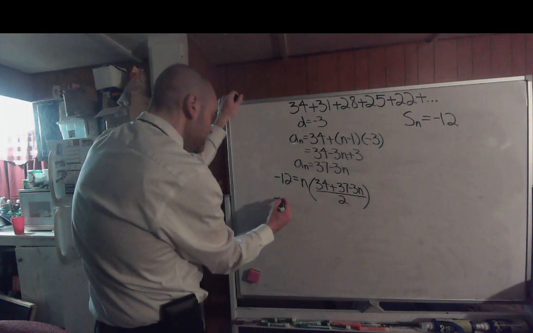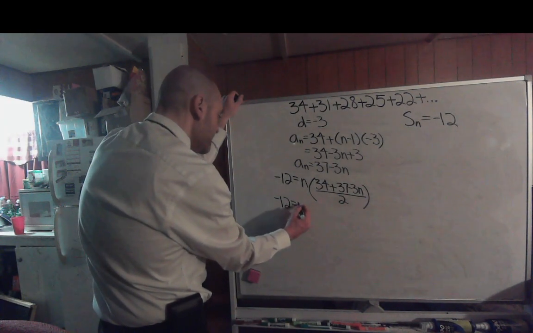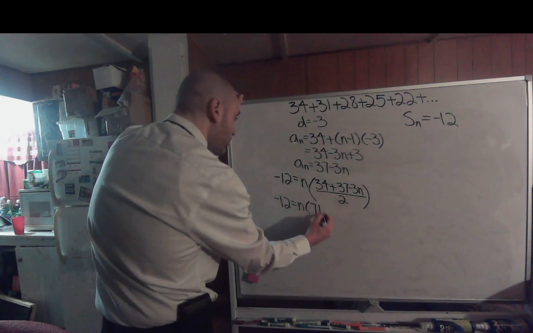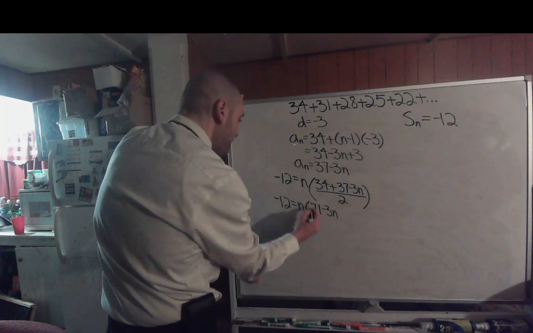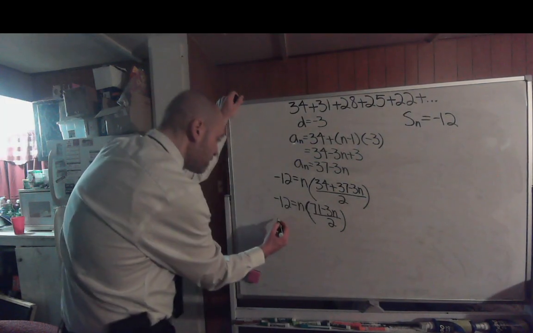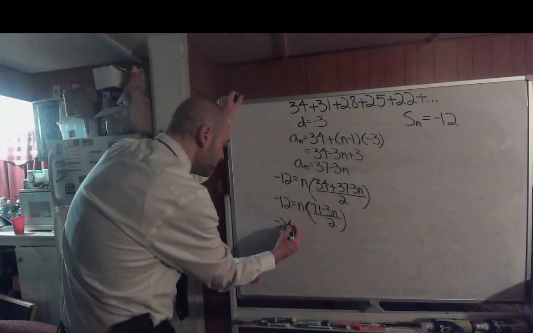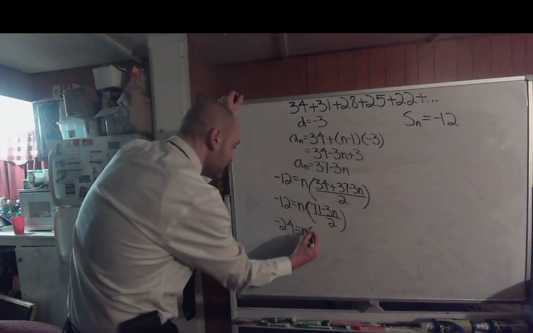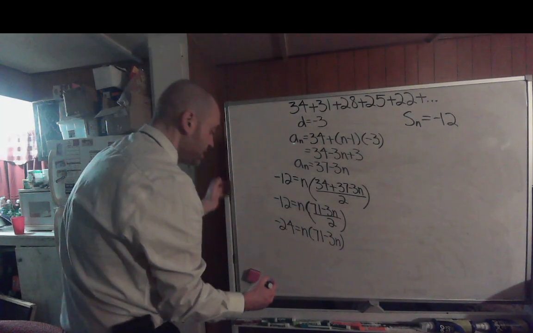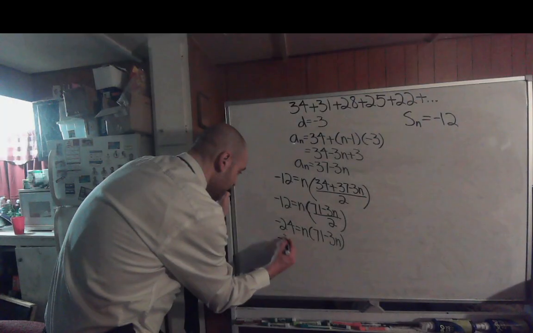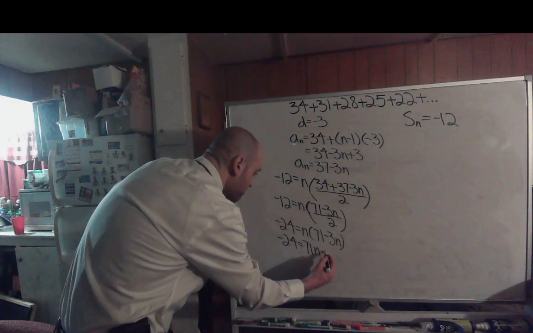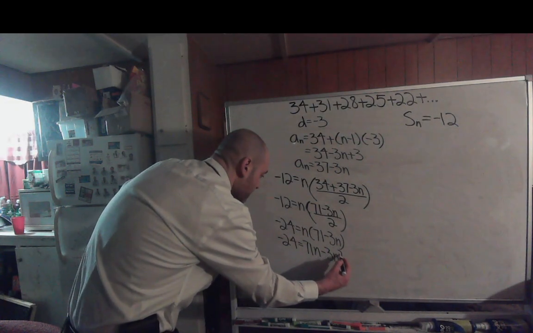So that means negative 12 equals n times 71 minus 3n all over 2, which means that negative 24 equals n times 71 minus 3n. So this would become negative 24 equals 71n minus 3n squared.